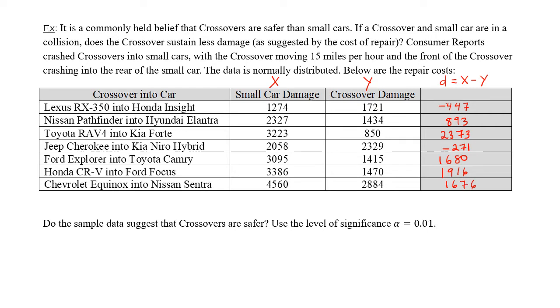Okay, now that we've got these differences here, we're going to enter this data into a list in our calculator. I'm going to go ahead and just enter it into L1. And after I've done that, we can continue with the hypothesis test.